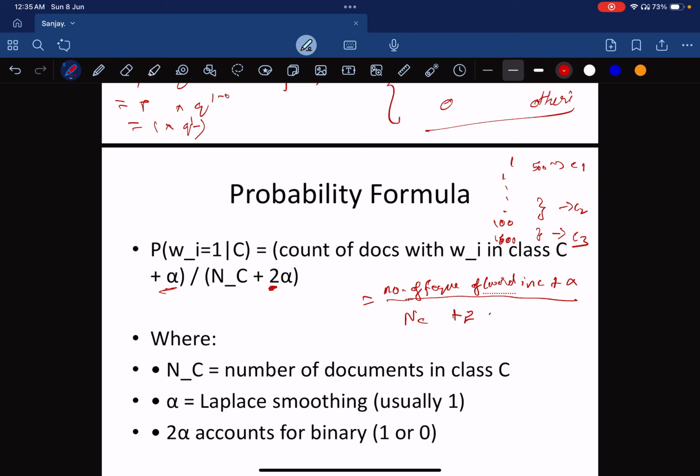This is how the formula will look. You find the frequency of a word in that class, add the Laplace smoothing, and divide by the number of documents in that class, or we can say the number of inputs for that class, plus 2 into Laplace. If you divide them, whatever value you get is considered to be the probability if the data is present in that class.